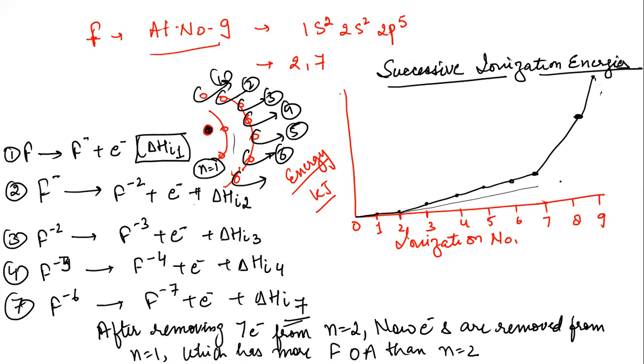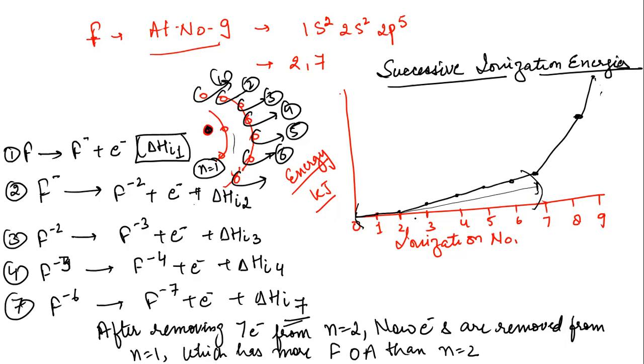Now, if you see up to this point, there is a sudden larger increment, which means that these electrons are part of one shell, and hence we call this the valence shell, because we know that the electrons from the valence shell will be removed first, before those of the other shell.